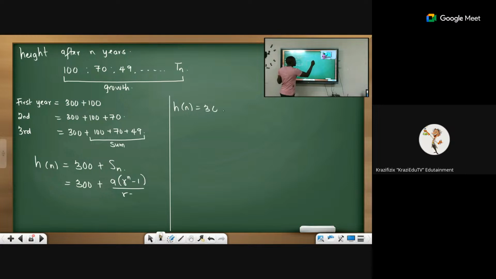So this is application and interpretation. What is a? 100. What is our ratio? 7/10. All right. Since we have two brackets, let's use a(r^n minus 1) over r minus 1.